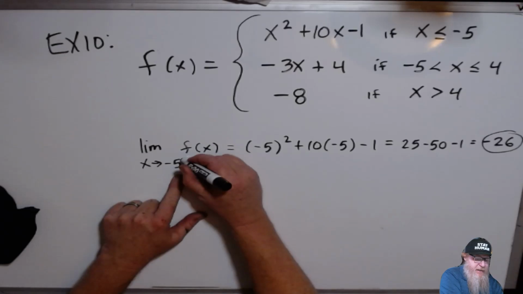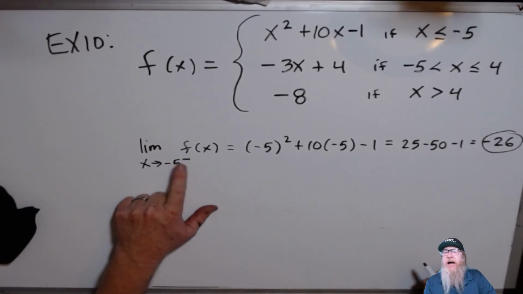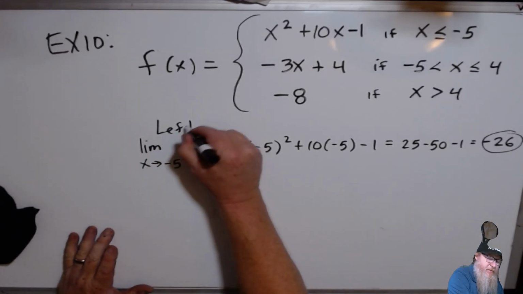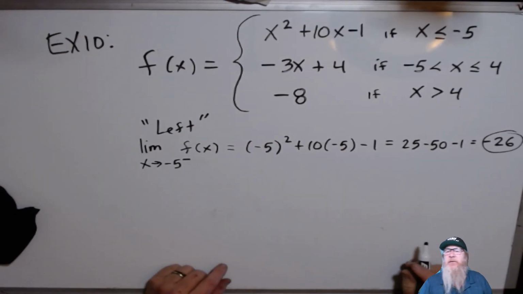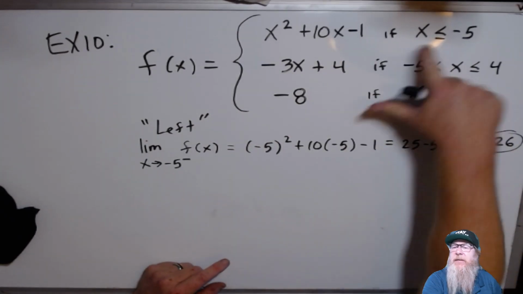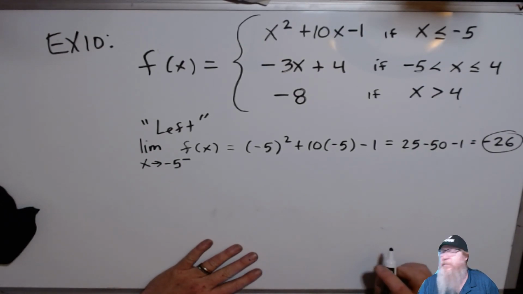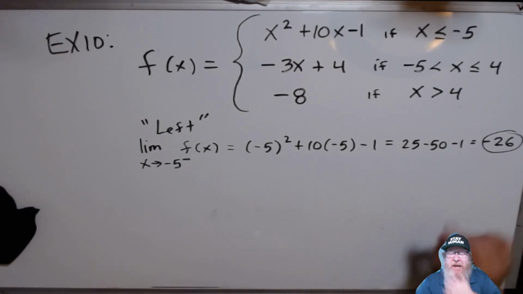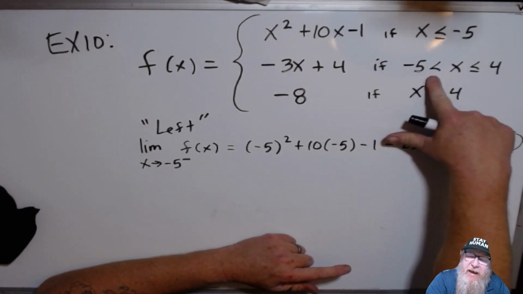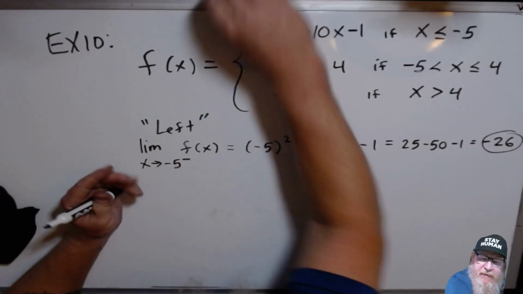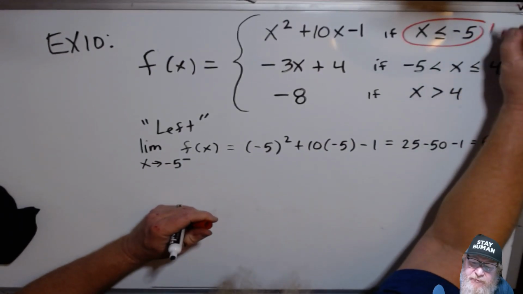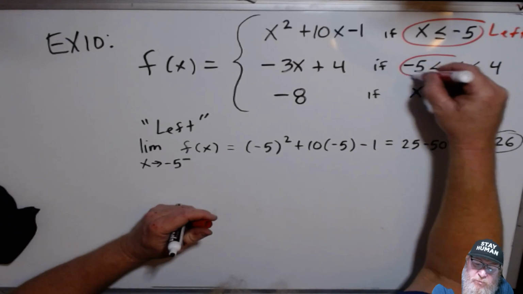That's the limit as x approaches -5 from the left. That's our left limit, less than or equal to -5. All right. Now here, x is greater than -5, so this will be left. This is right.